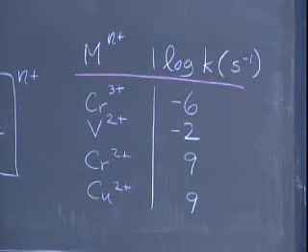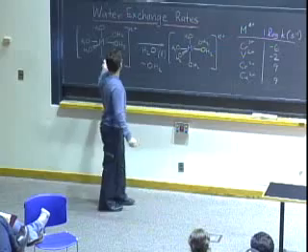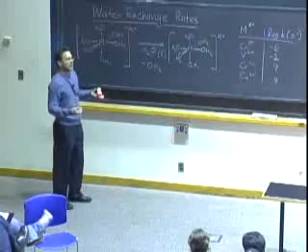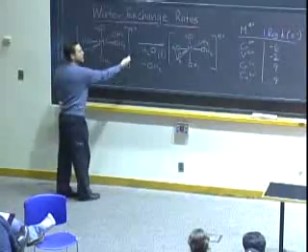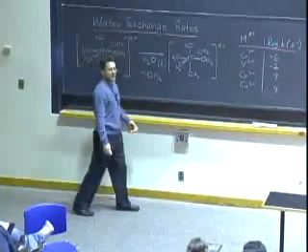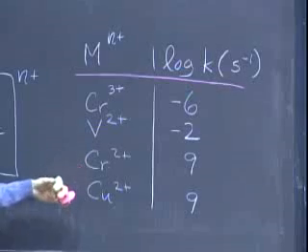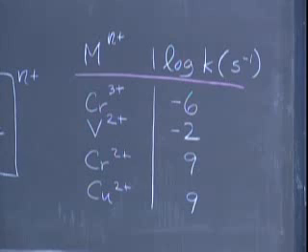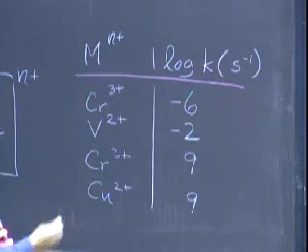That's an enormous difference. So it's not true that whatever metal ion you have at the center, the rate at which water comes on and off and it exchanges with water from solution is about the same. It's not. It differs over an enormous range of actual rates, many orders of magnitude, depending on exactly which metal ion you have here.